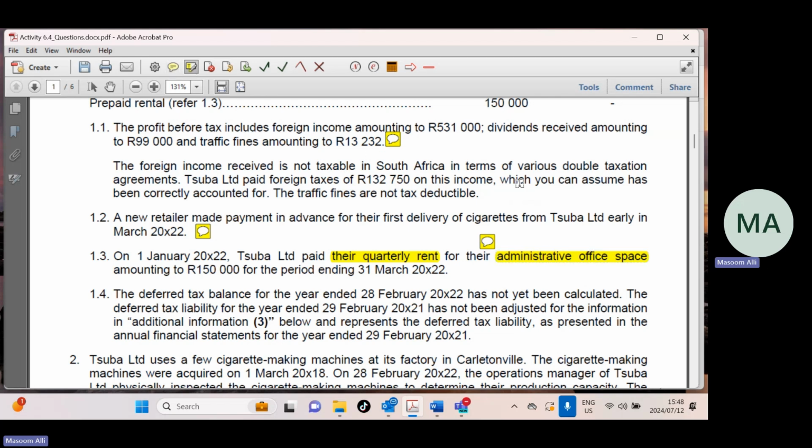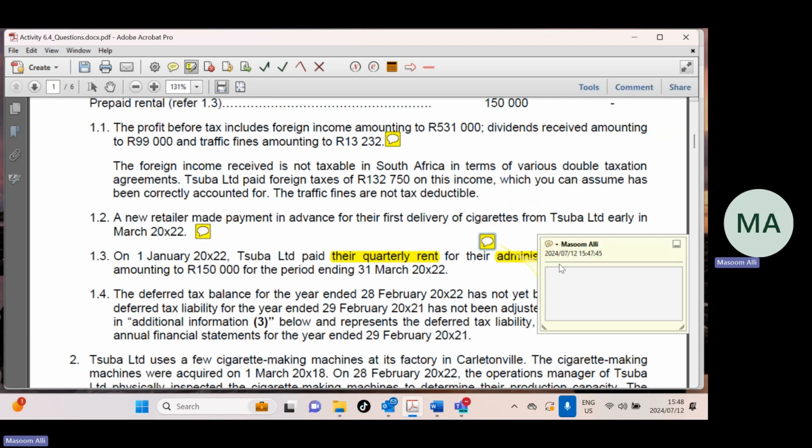your administrative office space, remember what we were talking about when we started out, right? We said that obviously there's going to be other overheads and things like that, and anything relating to the factory would have been a manufacturing overhead and would not have formed part of the income statement, right? Because it would have been capitalized to the inventories.